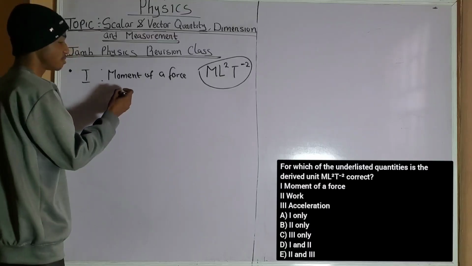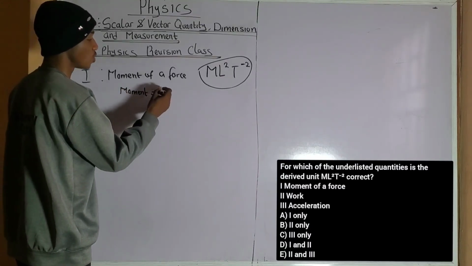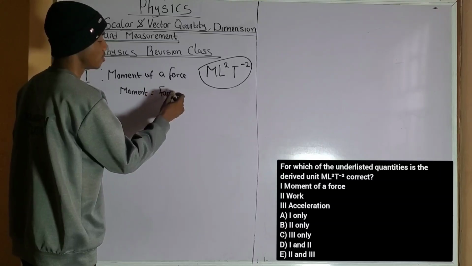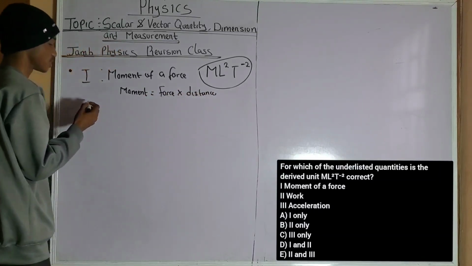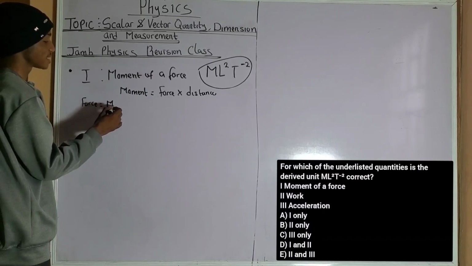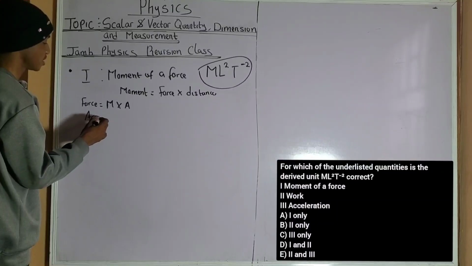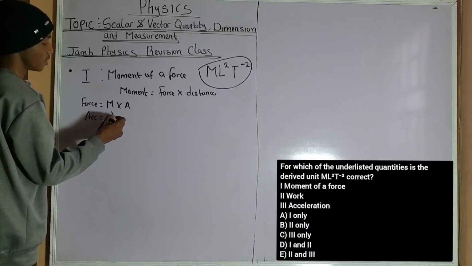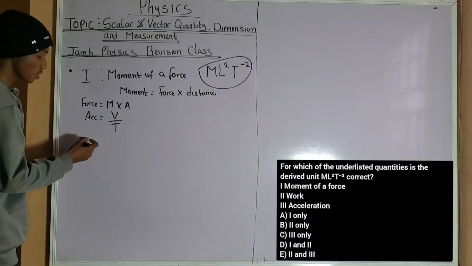Now don't forget that moment of a force is equals to force multiplied by distance, right? And force is equals to mass times acceleration. Is that not it? And acceleration is equals to velocity all over time. Do you understand? So now we want to get the dimension of velocity.